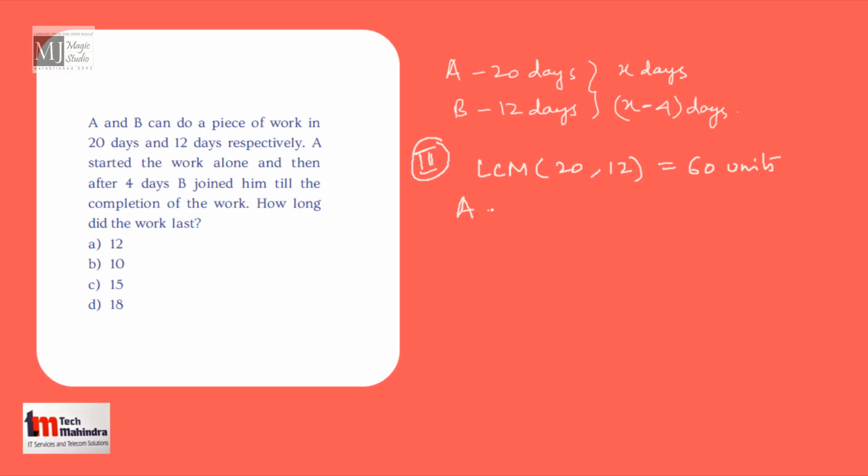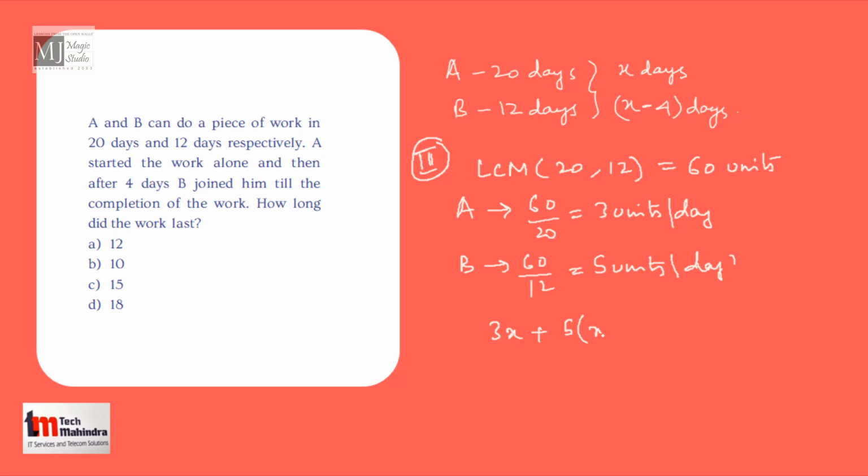Then the working efficiency of A is 60 by 20, that is 3 units per day. And the working efficiency of B is 60 by 12, that is 5 units per day. Now, A works for x days, that means A produces 3x units, and B works for x minus 4 days, that means B produces 5 into x minus 4 units, and that should equal 60 overall.